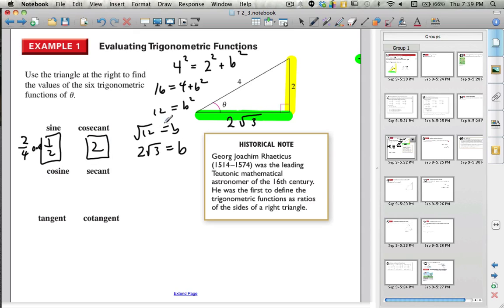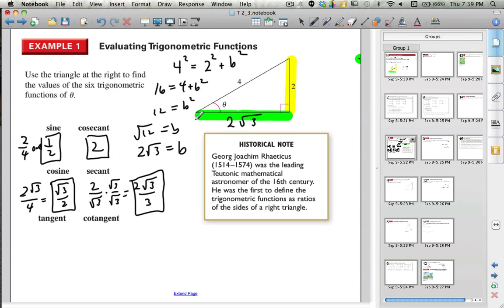Cosine would be adjacent over hypotenuse, so it would be 2 root 3 over 4, which would be root 3 over 2. And secant will be the inverse of that, which would be 2 over root 3. And then I'd have to rationalize my denominator. So I'll get 2 root 3 over 3.